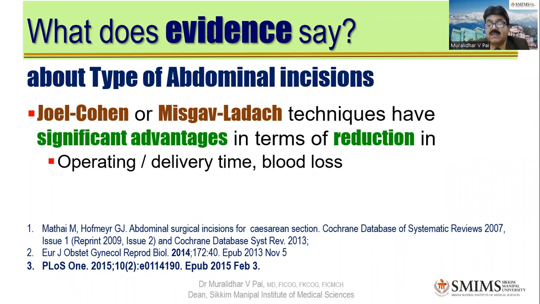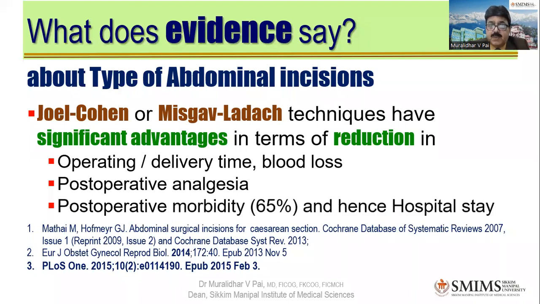Obviously, because all the dissections are blunt dissections, that's why blood loss will be less, and they don't close the peritoneum and do a single layer closure, so operating time is also less. Post-operative analgesia is less because it's a transverse incision and not much of complications there. Post-operative morbidity is also less, 65% less, and hence the hospital stay.